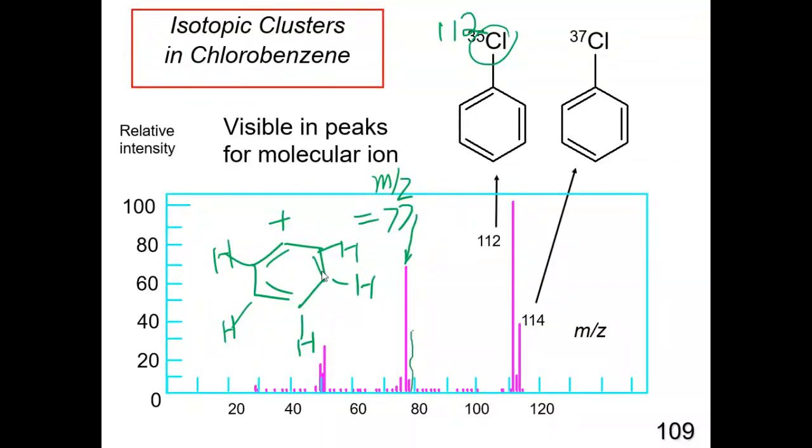If it had a chlorine inside, it must have chlorine 35 and chlorine 37. Chlorine 35 is the more abundant species. So assume this one comes from chlorine 35. If this one has chlorine, you would have had another peak at 79, and the peak intensity should be 1/3 of the 77 peak.